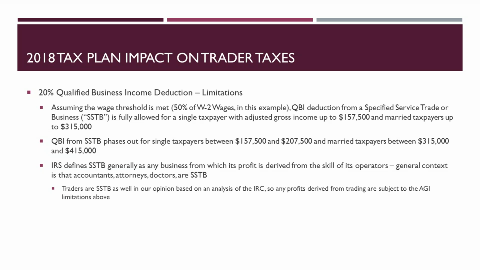And IRS has, in their regulations, promulgated what that means. So the general rule is that any trade or business whereby the profits are derived from the skill of the operator, the owner of the entity, that's considered a specified service, trade, or business, and it's subject to the limitation. If a business does not qualify as a specified service, trade, or business, there is no limitation.